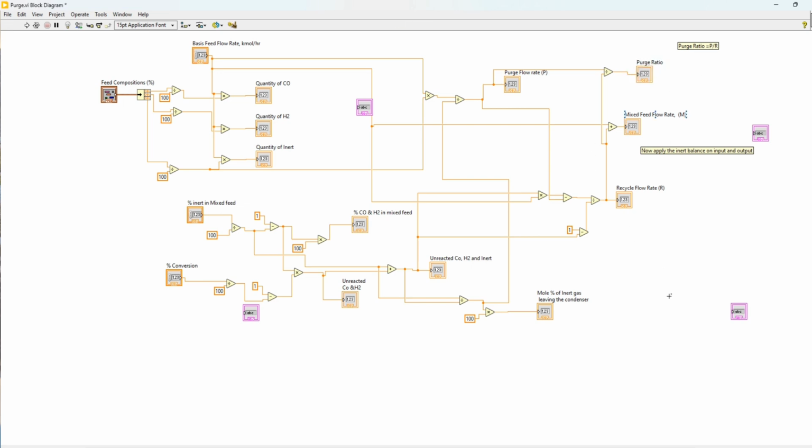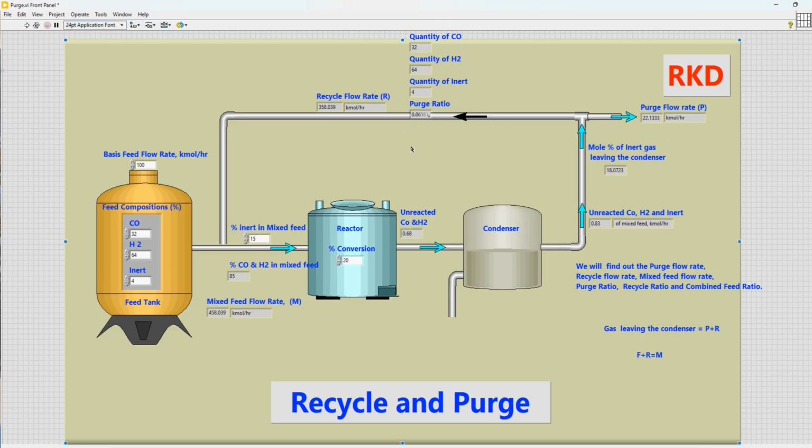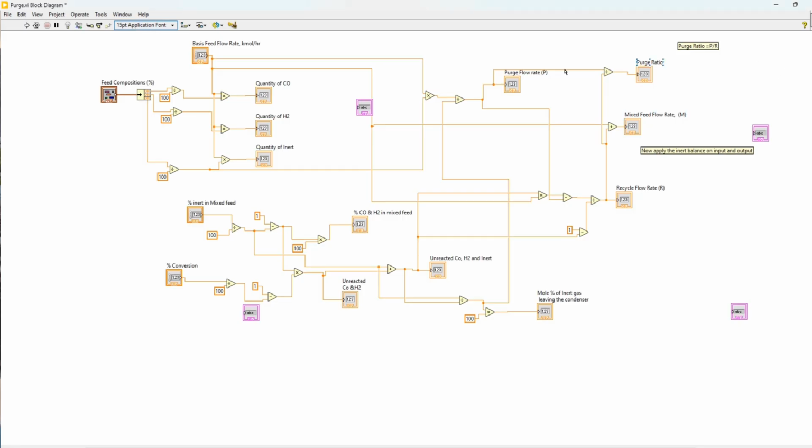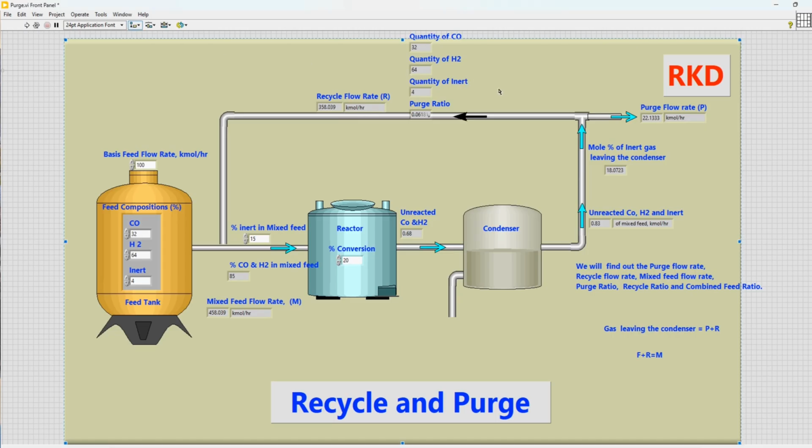So here we will see what this value is. Okay, once again I will be running. So 0.06 something it is coming. Okay, go back here. So this is the purge ratio here.